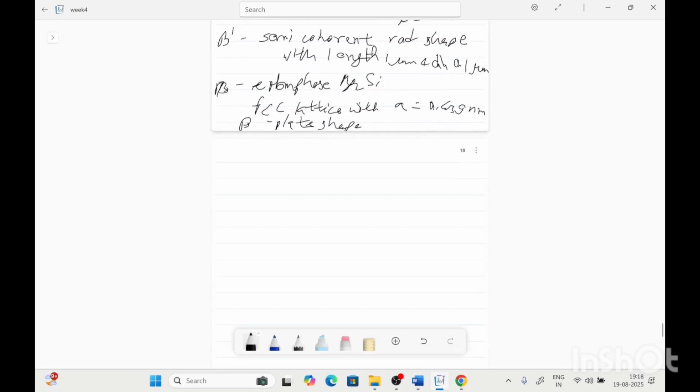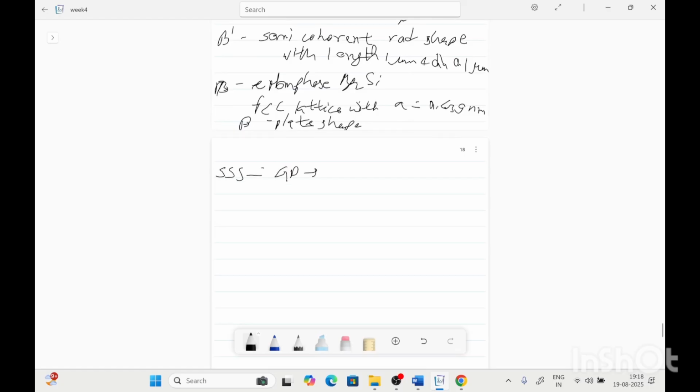So the sequence is first the supersaturated solution, GP zone, then beta prime and beta. The temperature for this aluminum magnesium silicon alloy is around 170 to 200 degrees Celsius.